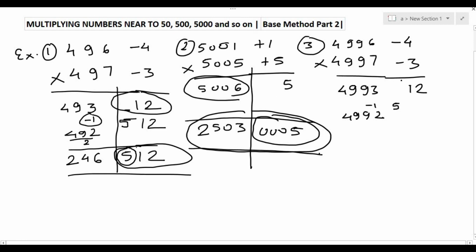So 4992 divided by 2 will be 2496, and then 5, and then adding 0 as we want 4 digits on the right hand side, and then 1 2 will come down as it is. So 2496. This is how quickly we get 4996 into 4997.